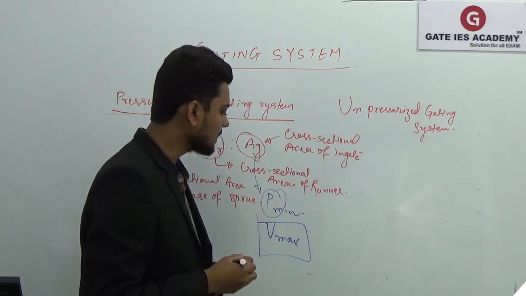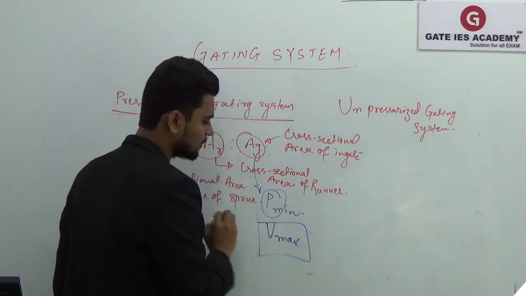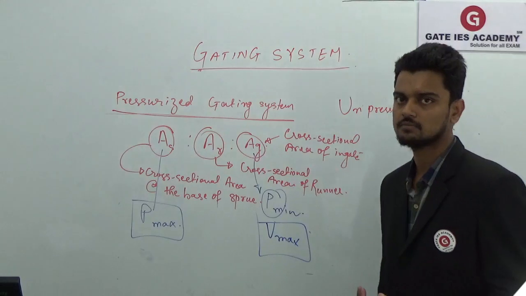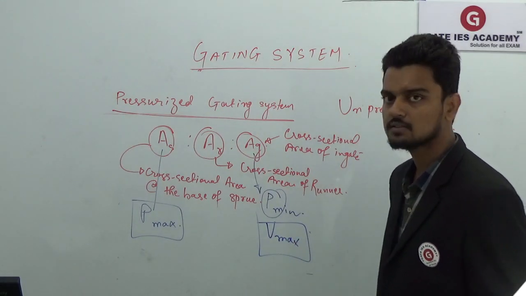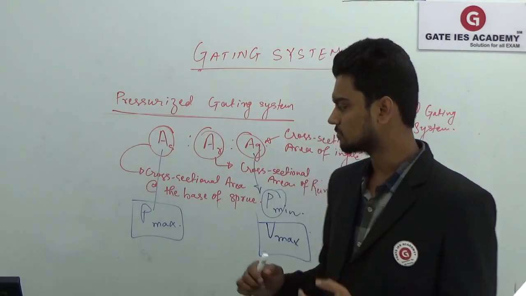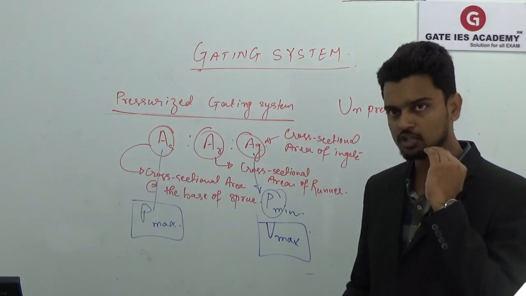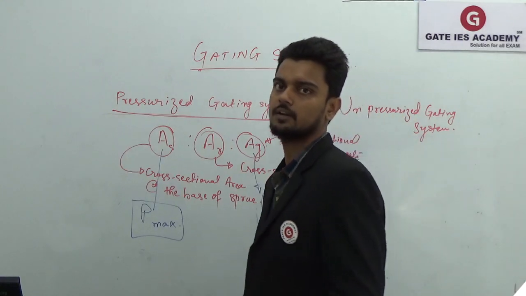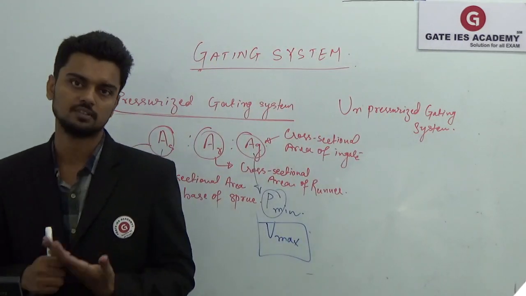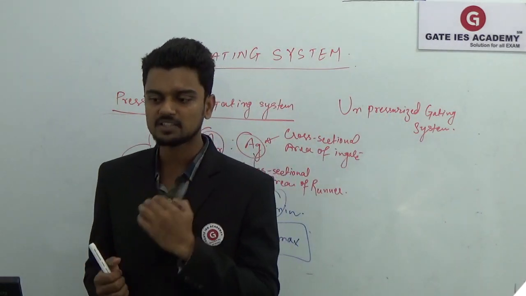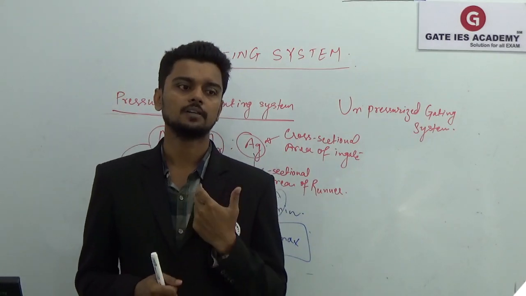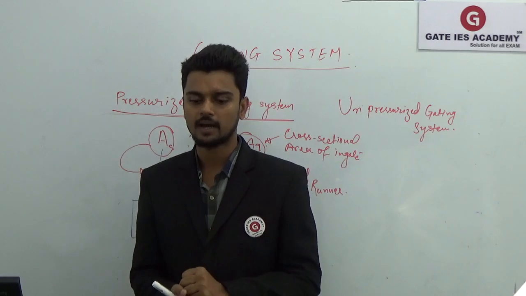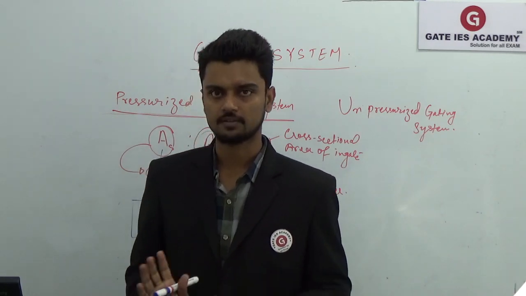It means the molten metal is entering the mold cavity at maximum velocity, Vmax. So it will cause erosion and turbulence. Okay, so in the pressurized gating system, we will have turbulence and erosion, but at the same time there is a back pressure which will avoid the aspiration effect.